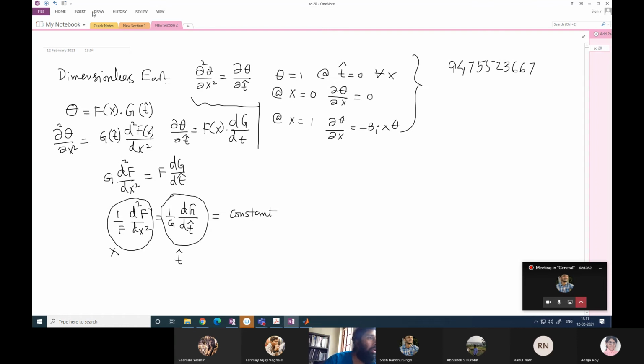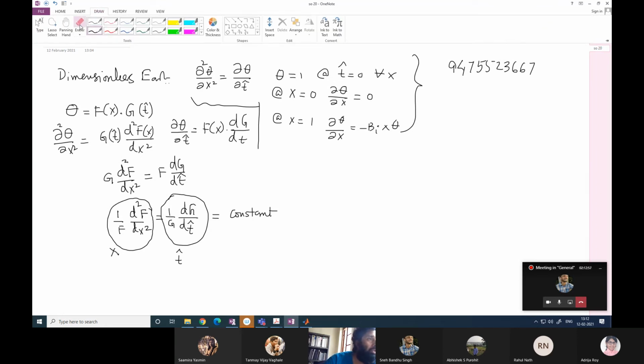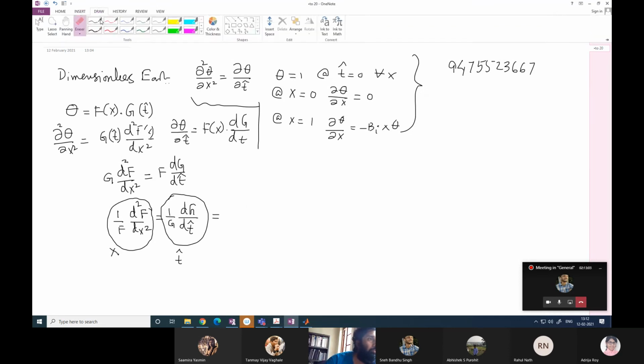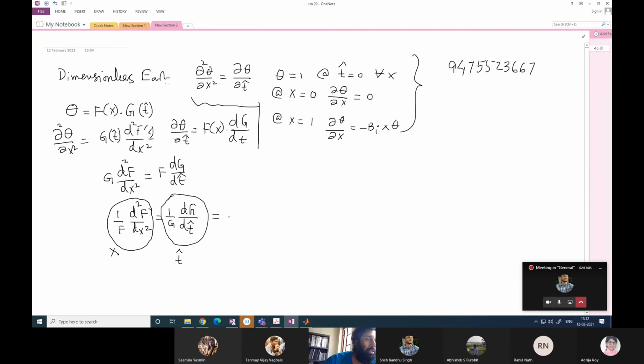To make sure that it's always negative irrespective of whatever we do, we say this is minus lambda square. Lambda square is always positive, so no matter what lambda is, minus lambda square is always negative. Okay.